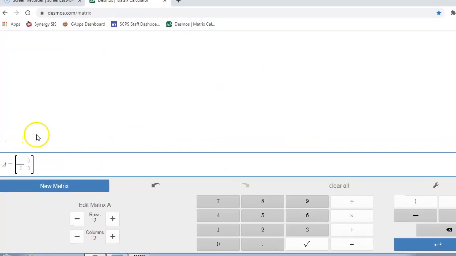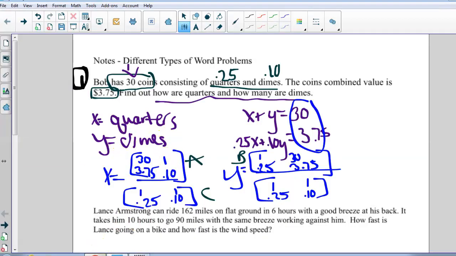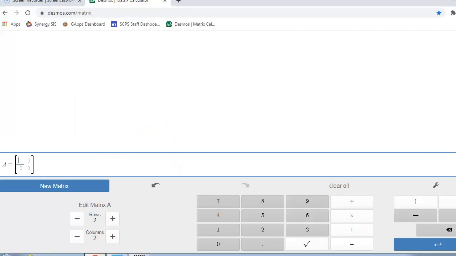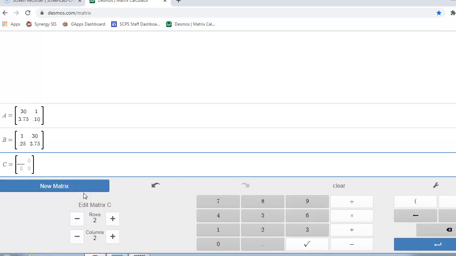I'm going to type in A as my top matrix, so 30, 3.75, 1 and 0.1, and then a new matrix, which has my 1 with my 0.25, and then 30 with 3.75. And then my C matrix, which will be 1 with 0.25 and 1 with 0.10.